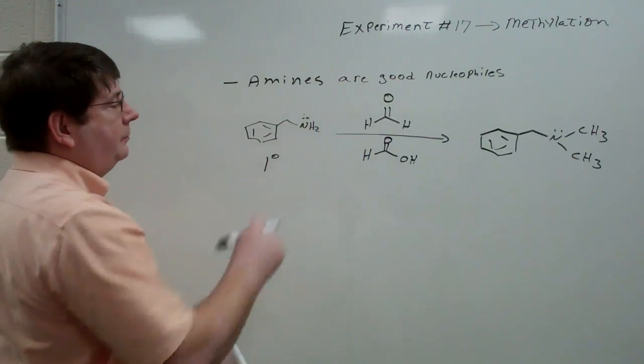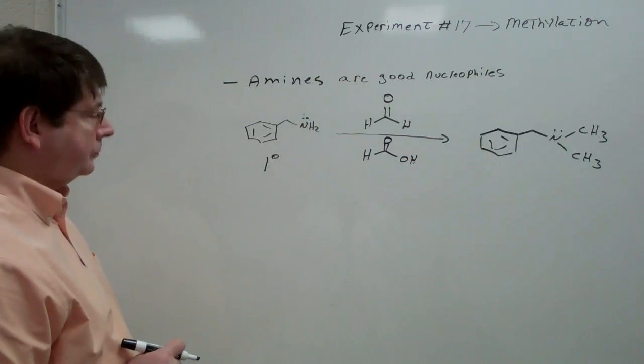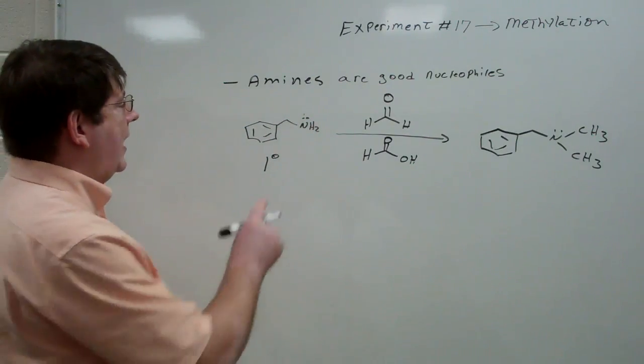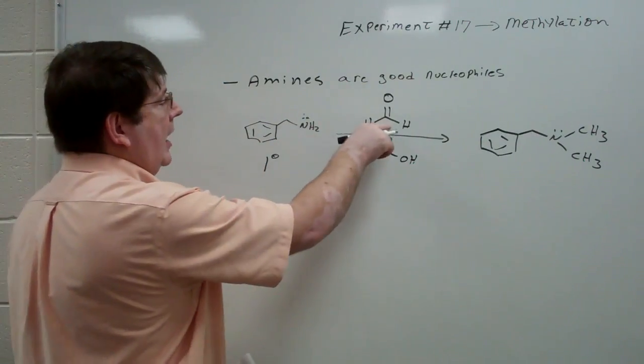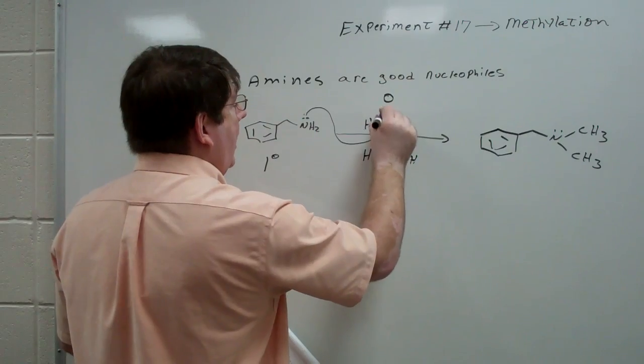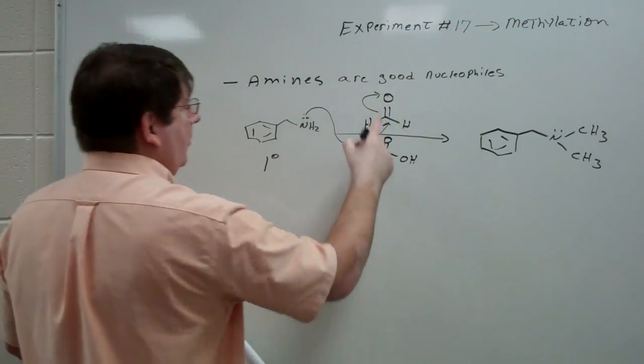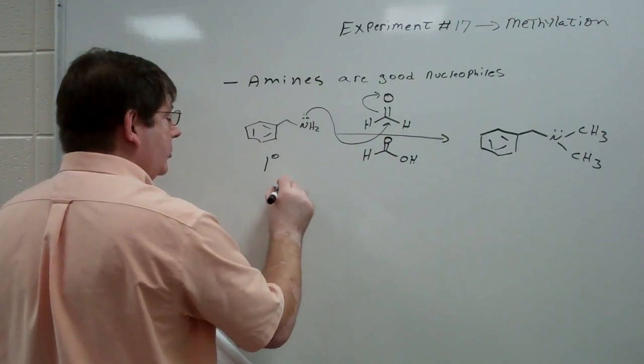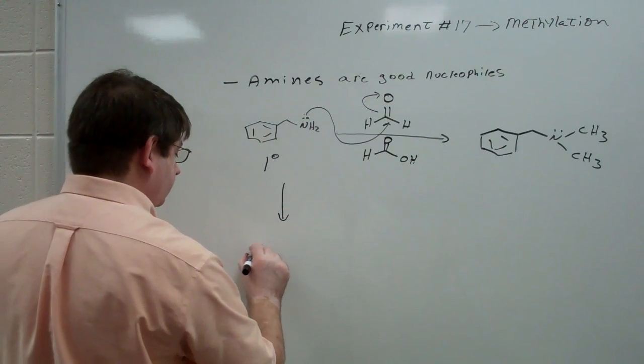So the mechanism for this particular reaction can be thought of as the amine reacting with the electrophile to break that weak pi bond, and in the process picking up a hydrogen from the formic acid.